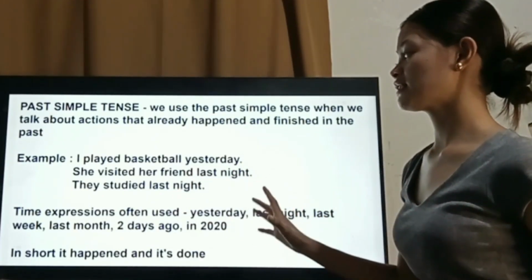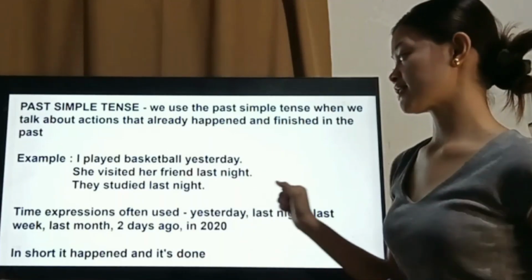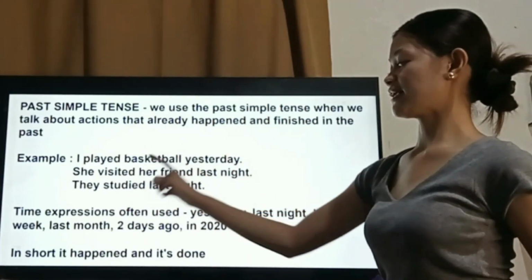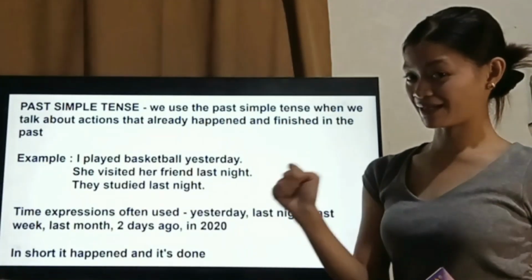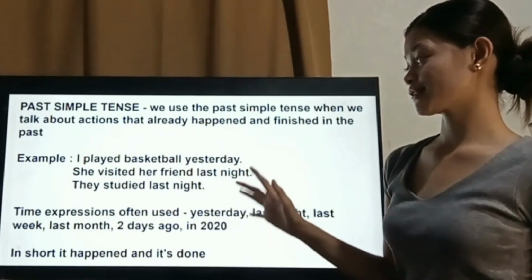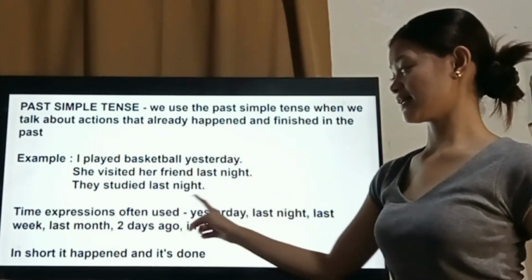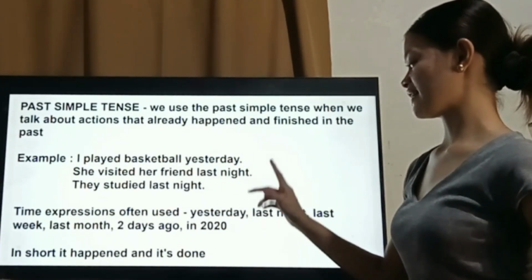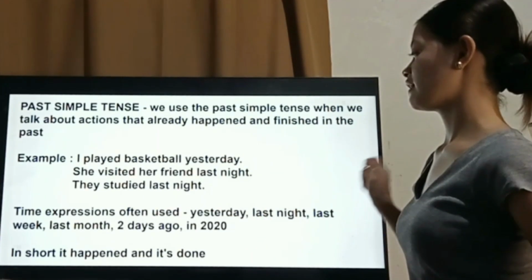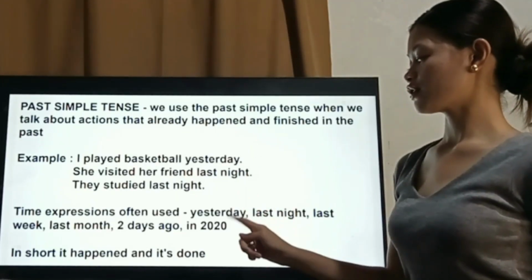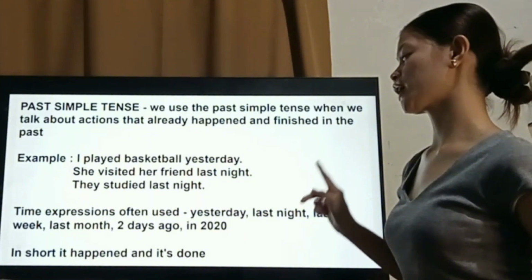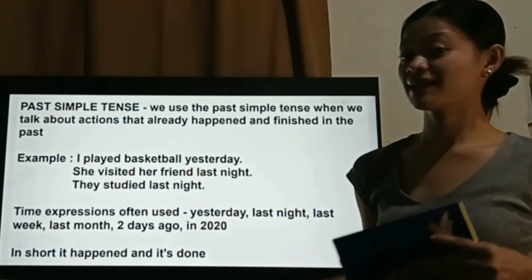So the visit is already done because it happened last night. They studied last night. So the study is also done. Time expressions often used are yesterday, last night, last week, last month, 2 days ago, in 2020, and many more. In short, it happened and it's done.